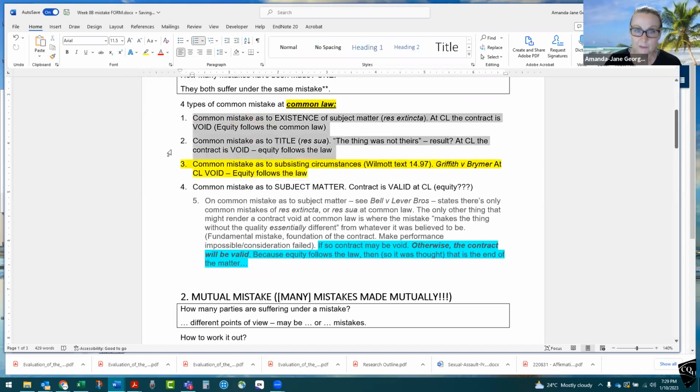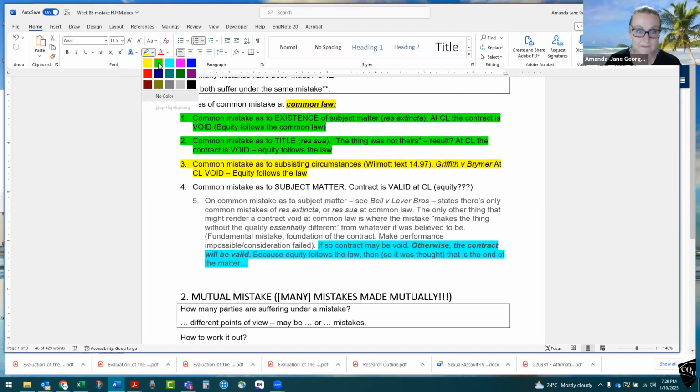These two are definites, okay, but it says the only other thing that might render a contract void at common law is where the mistake makes the thing without the quality essentially different from whatever it was believed to be. Essentially different. Okay, so if the mistake really makes it something quite radically changed, it might be void. But other than that, it's going to be valid.